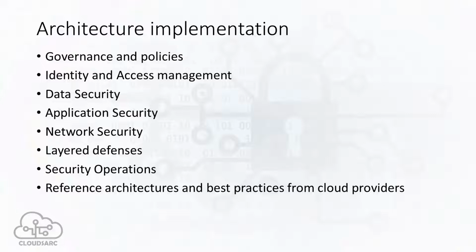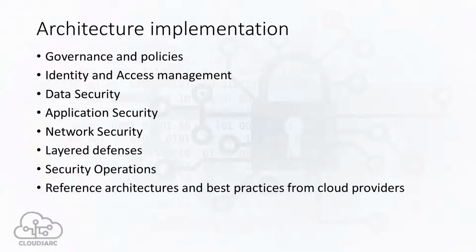The overall security posture for your cloud services will depend on the governance policies and processes you establish, as well as the technical security controls you select. I will talk about important topics for implementations in this section. Governance and policies is about people and processes. Identity and access management is about the life cycle of identities.